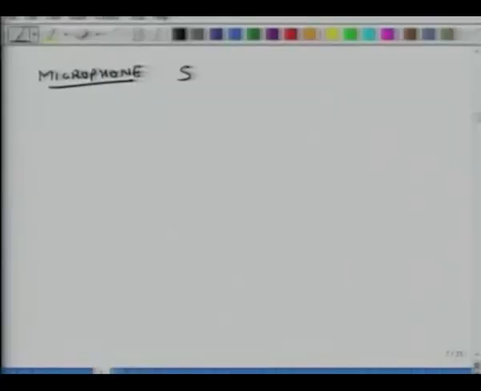So it's an interplay. My sensitivity, let's say S, is electrical output divided by mechanical input, which is your pressure in this case, right?